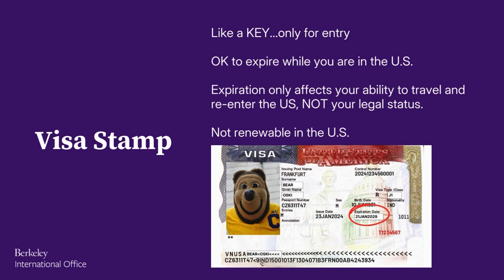It is important to remember that unlike the passport, the J visa cannot be renewed inside the U.S. Visa renewal involves applying at a U.S. embassy or consulate overseas. Please keep in mind that if your visa has expired and you must travel internationally, you will need to apply for a new visa in order to re-enter the U.S. This can be risky since visa delays are possible.